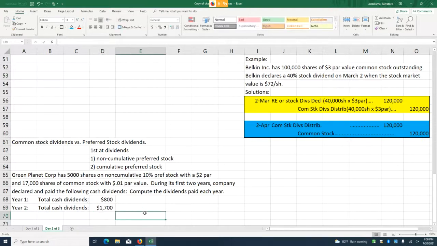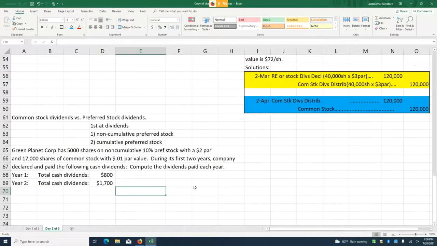So our job in this problem is to figure out, of that 800, how much is preferred going to get, how much is common going to get. And then the next year, out of the 1,700, how much is common going to get, and how much is preferred going to get.